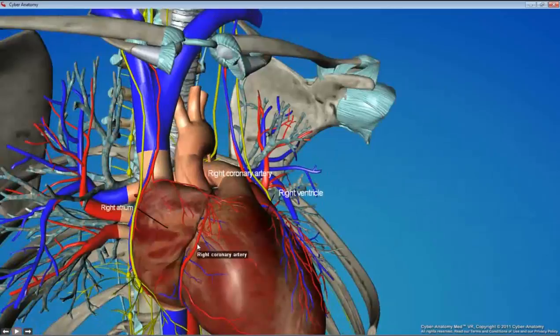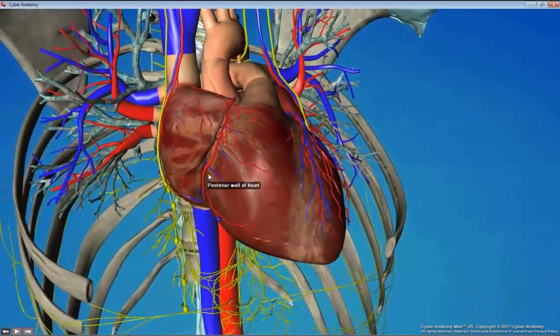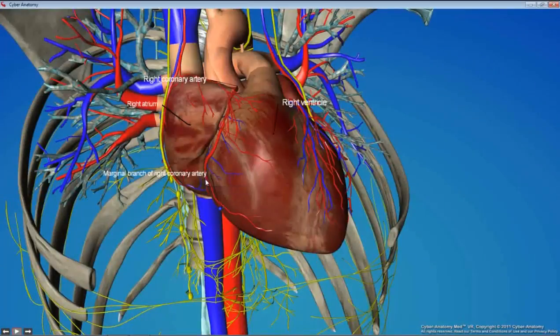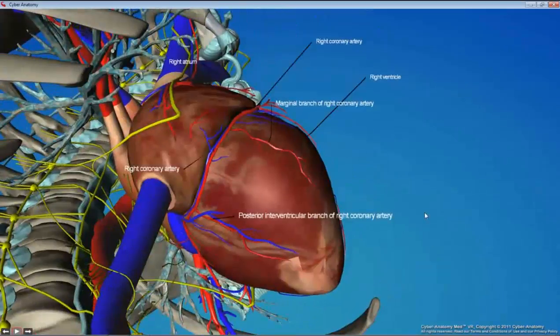Expect to find lots of fat surrounding that vessel.